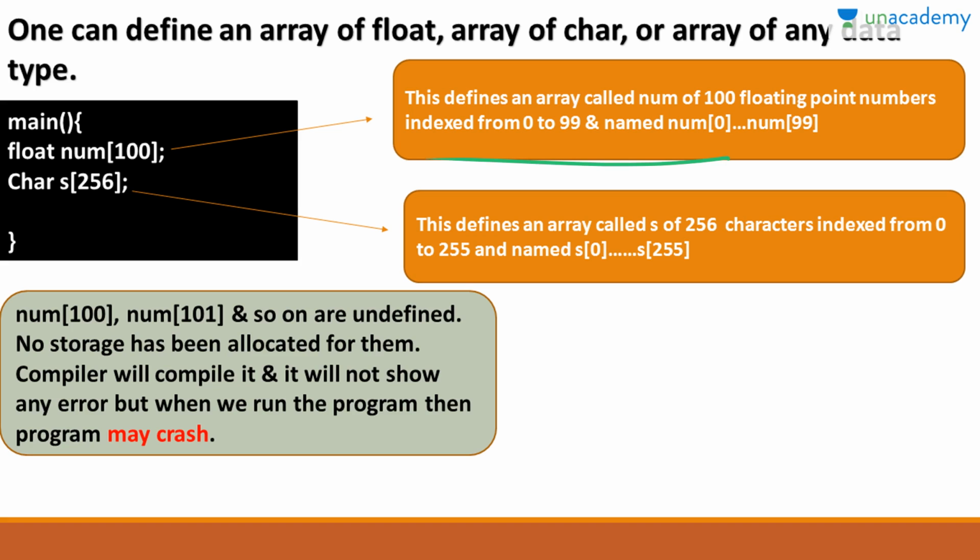And char s[256] defines an array called s of 256 characters, with index from 0 to 255 and names s[0], s[1], s[2] up to s[255]. num[100], num[101] and so on are undefined because no storage has been allocated for them. The compiler will compile it and will not show any error, but when we run the program it may crash. So there is some chance of crashing the program.